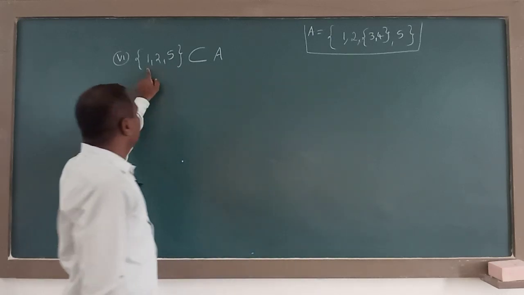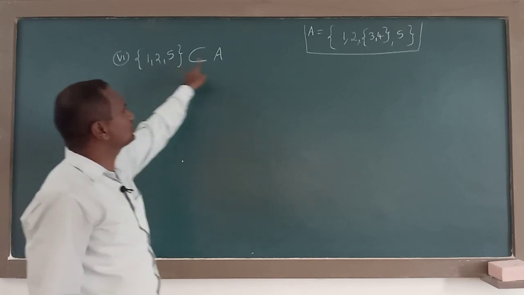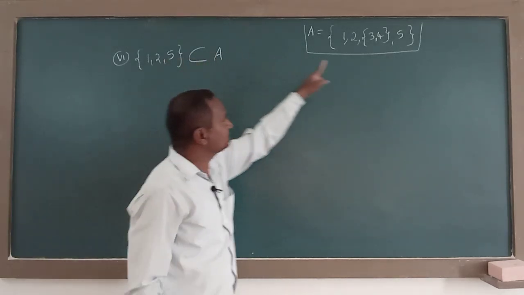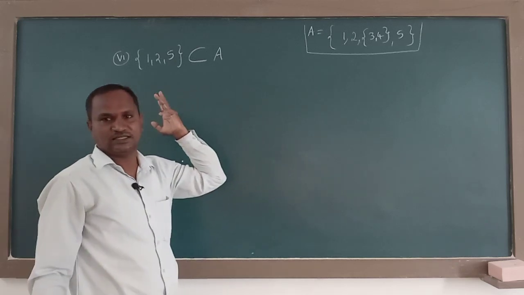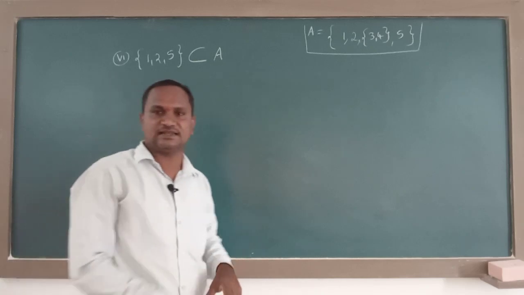Observe here, every element of the first set is an element of the second set. 1, here also 1. 2, here also 2. 5, here also present. That's why we can easily tell the first set is a subset of the second set.